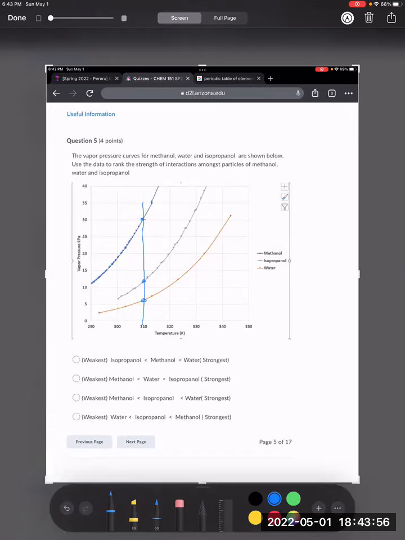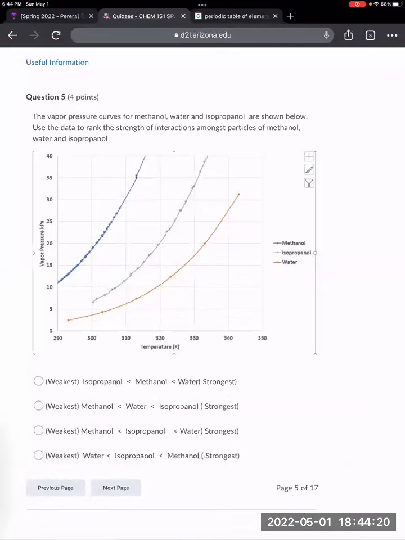And because methanol has the highest vapor pressure at any given temperature, methanol must have the weakest intermolecular forces. That's all we need to solve this problem. Weakest must be methanol. This must be between B and C. And then greatest must be water, therefore option C. Let's pick option C.